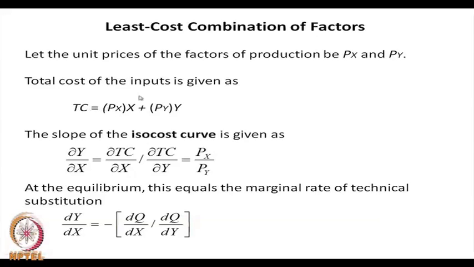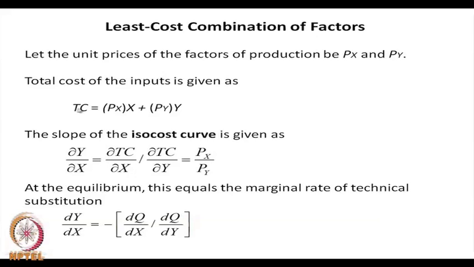Now, we can draw an iso-cost curve whose slope is actually dy/dx, which is nothing but partial differentiation of TC with respect to x and partial differentiation of TC with respect to y.